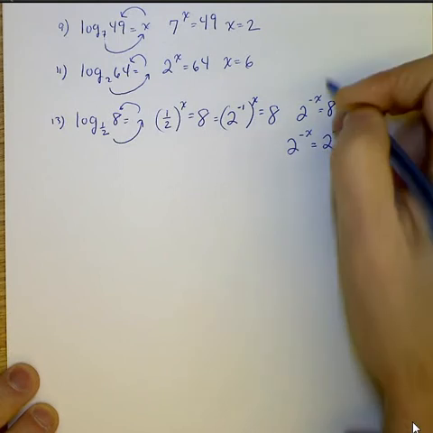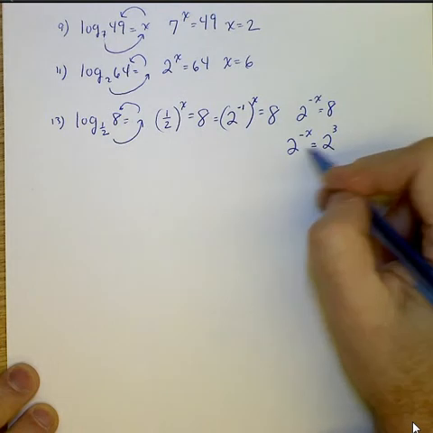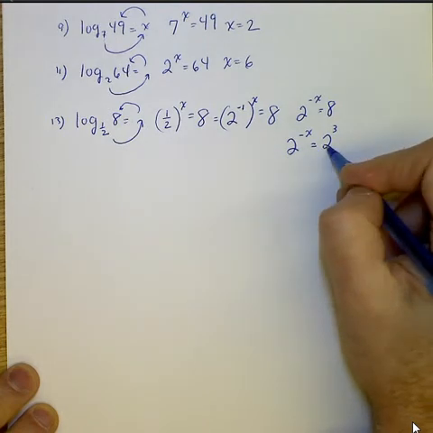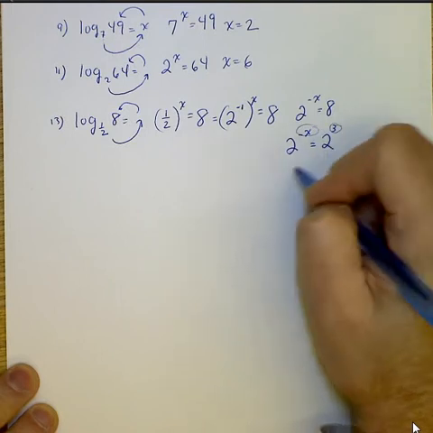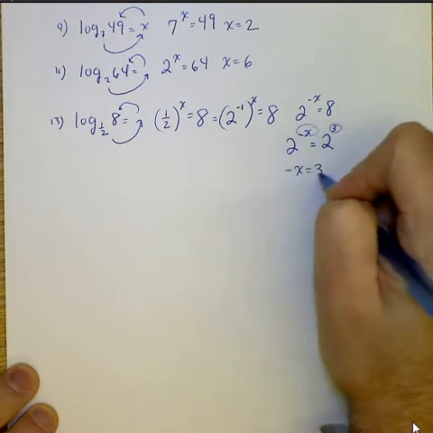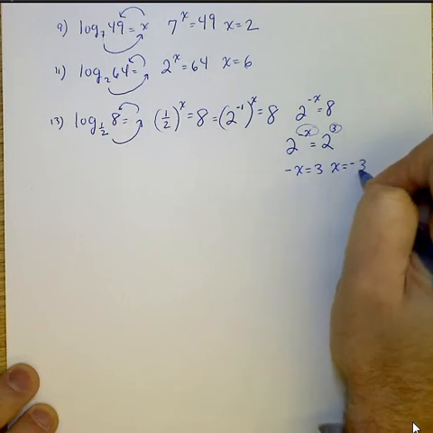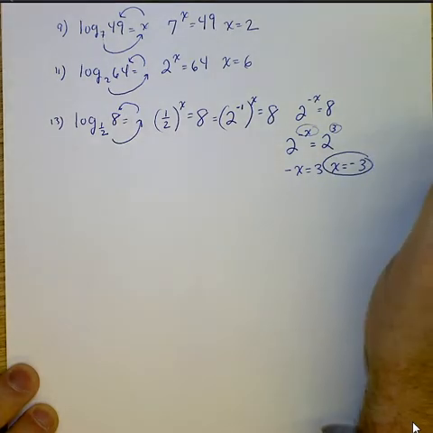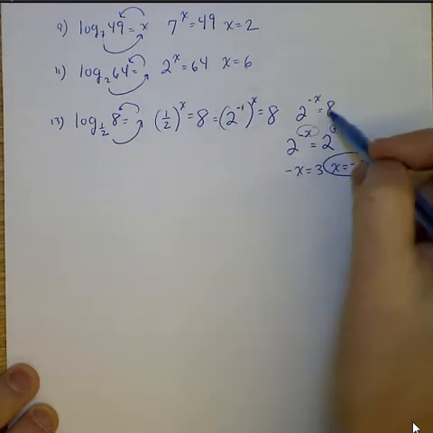If you are able to get these bases to be the same, then the exponents have to be equal to each other. Negative x has to equal 3, so x equals negative 3. We're going to do more of those in class, but this is a little bit trickier, and you do need to know how to do that.